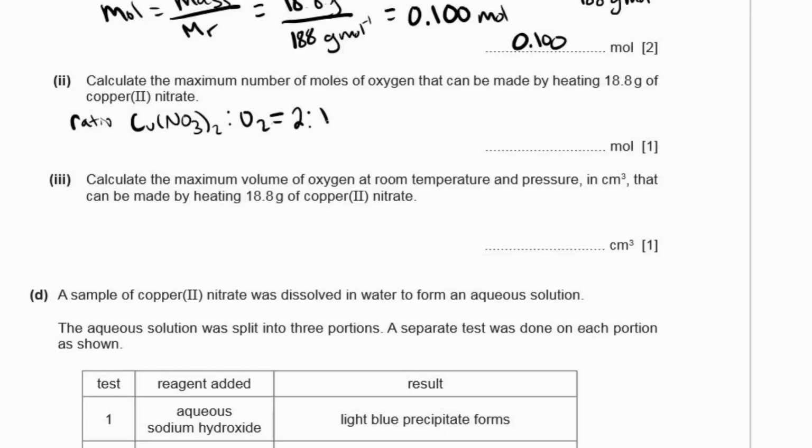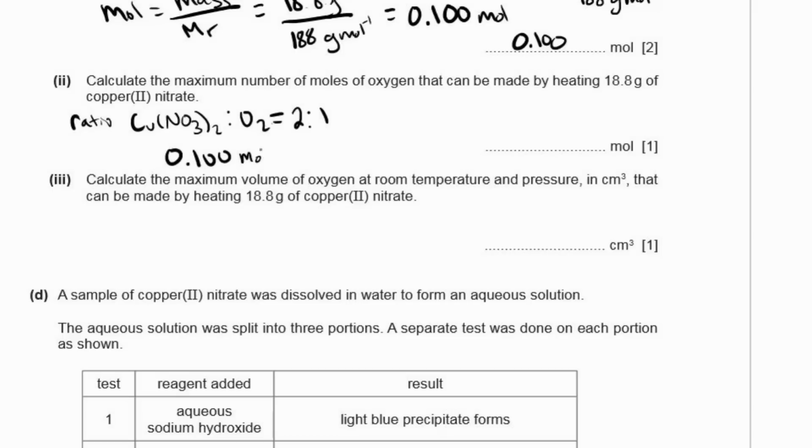Okay, so it means for every oxygen you need 2 copper nitrates, but you have the copper nitrates, you're trying to figure out the number of moles of oxygen, so for every copper nitrate you need half an oxygen.